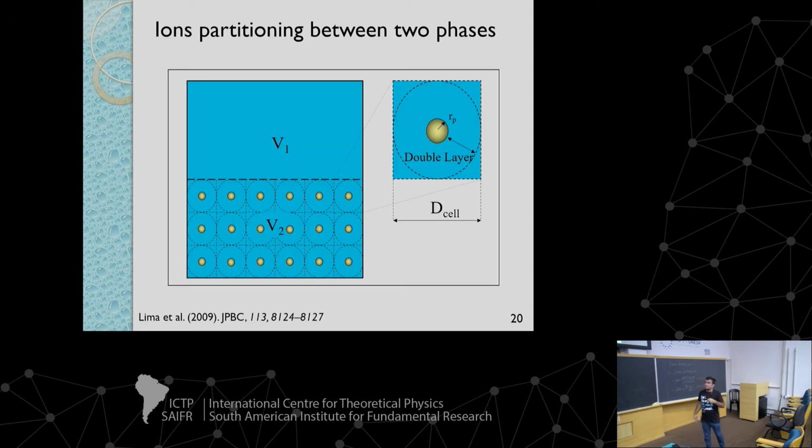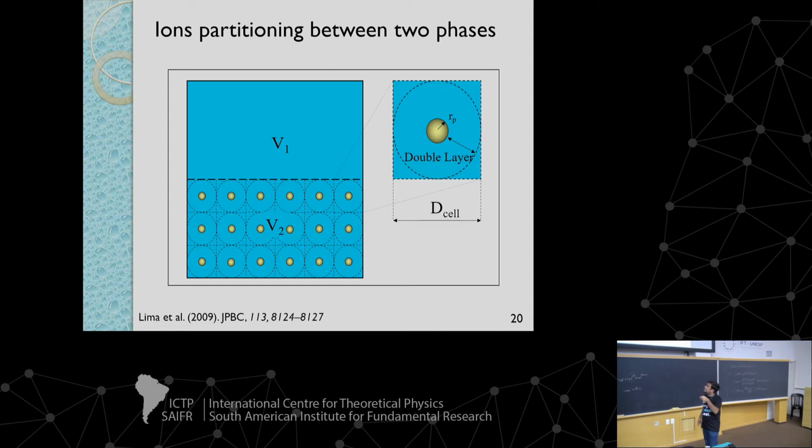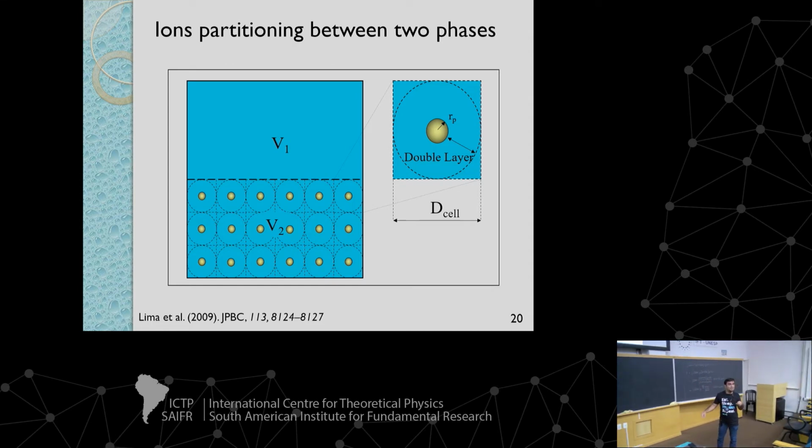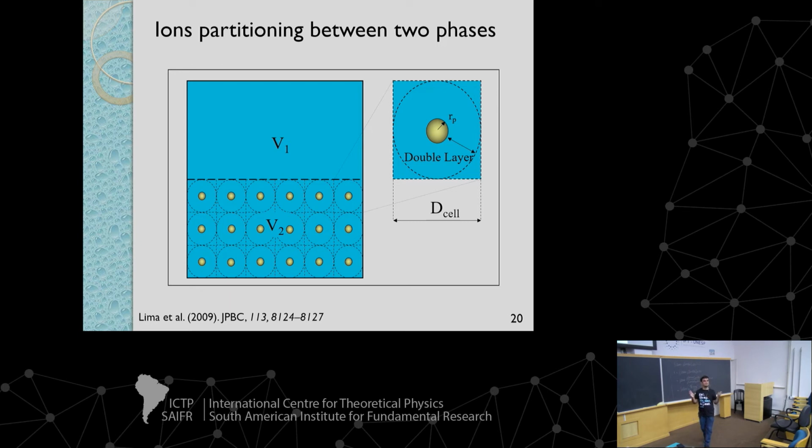And we have also solved the Poisson-Boltzmann equation in spherical coordinates. So we have another very simplified model here. We are trying to model the ion partitioning, this time in a solution of lipids. And our lipids are simple spheres.